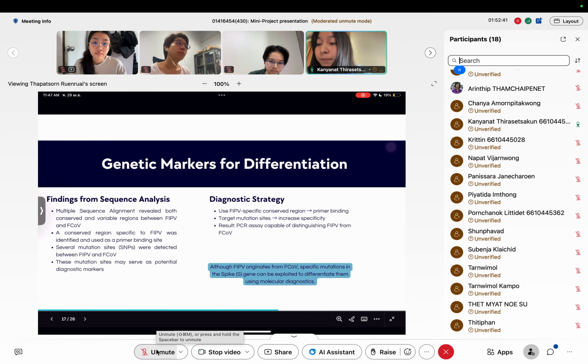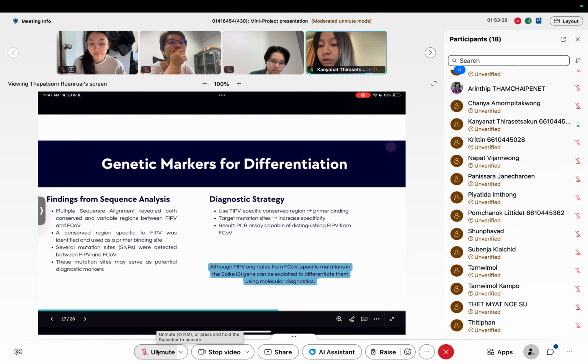And this slide shows how genetic markers are used to differentiate FIPV from FCoV. Sequence analysis identifies both conserved regions and mutation sites. FIPV-specific conserved regions are used for primer design, where mutations improve specificity.